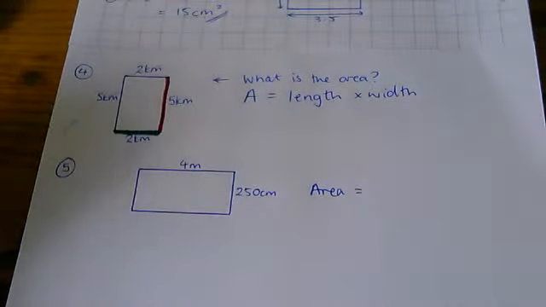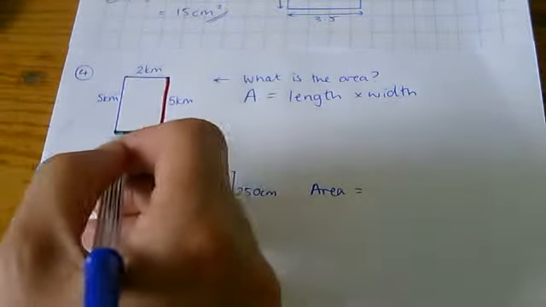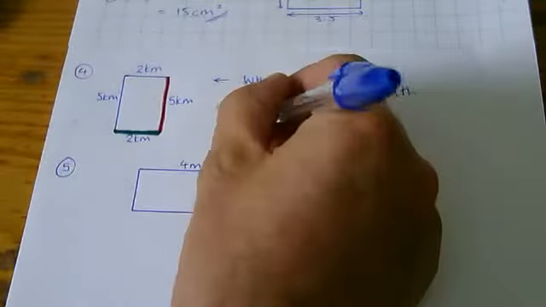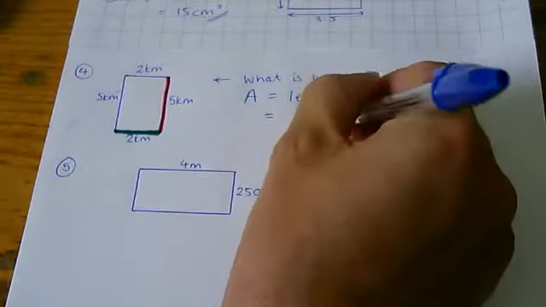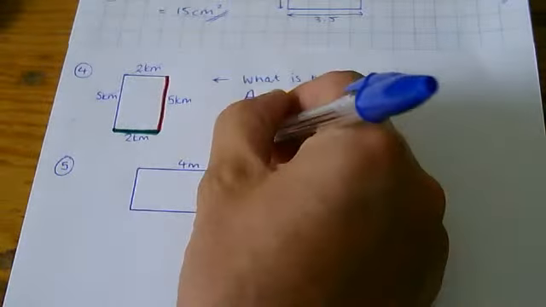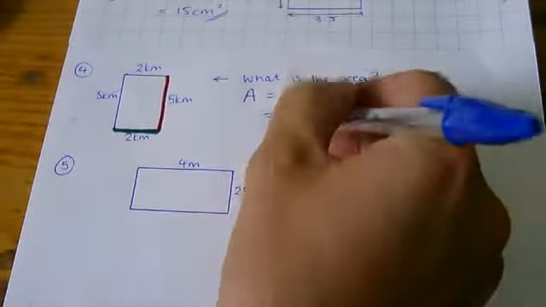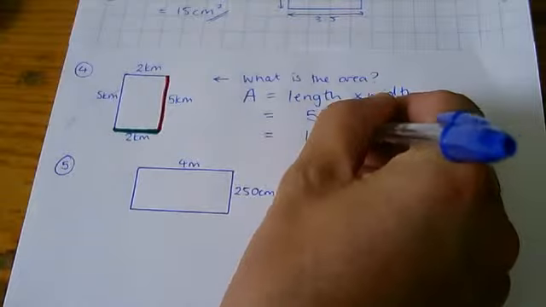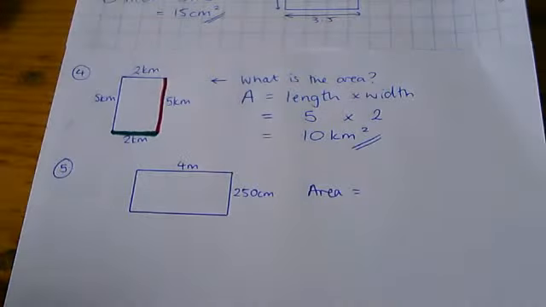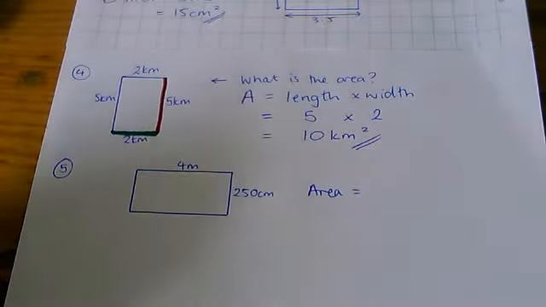You can ignore these ones here. They would be used for working out the perimeter, but for the area you just need one length and one width, and you multiply those two together and you get the answer 10. And in this case, because we used kilometres, it's 10 square kilometres.